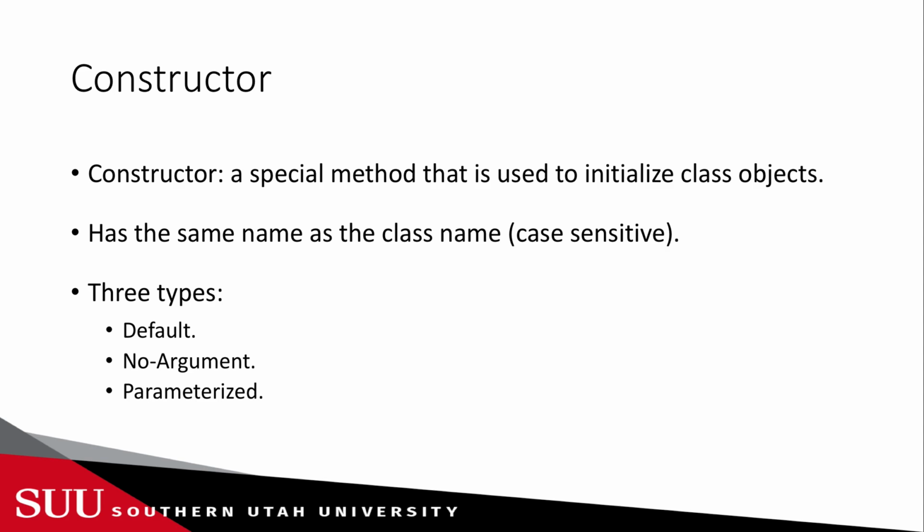It will have the same name as the class name, including the case, so it is case sensitive. So in the case of class Student with an uppercase S, it has to be called Student with an uppercase S. We'll have three types of constructors: the default constructor, the no-argument constructor, and the parameterized constructor.